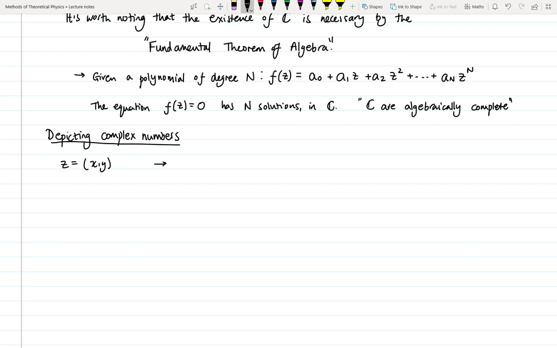So I can write this down as x and y can be thought of as coordinates in something called an Argand diagram. An Argand diagram is a way of depicting the complex plane. So I'm going to draw some axes so we can think about what's going on.